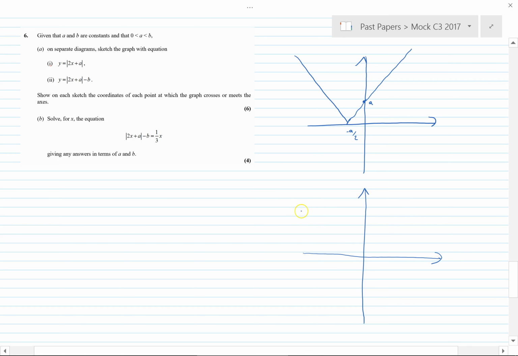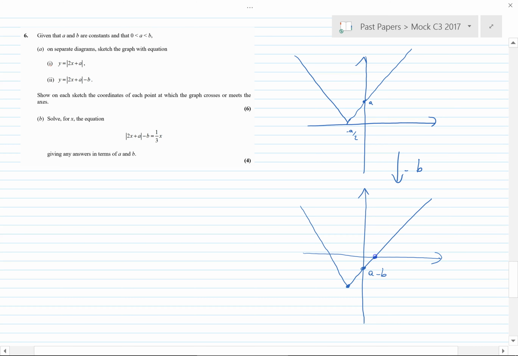So it's gone down by b, and it wants all the coordinates where it crosses. Well, this coordinate's probably the easiest one, because it's gone down by b. So this must go through a minus b, which we know is negative, because of this. Keep coming back to that.